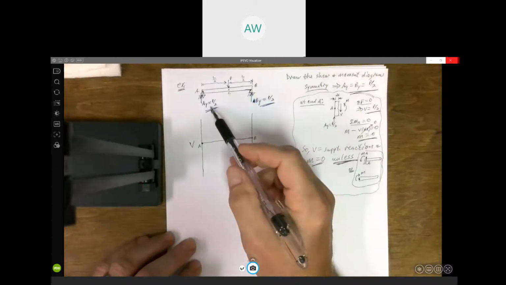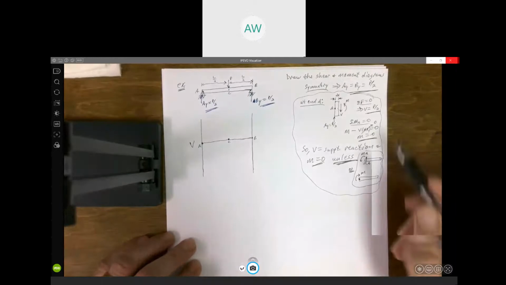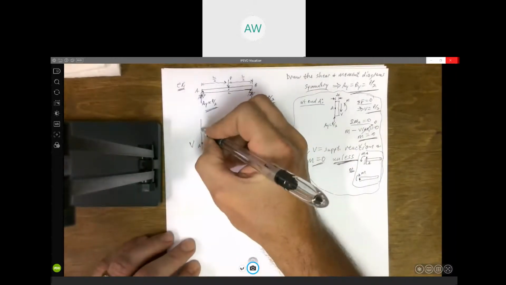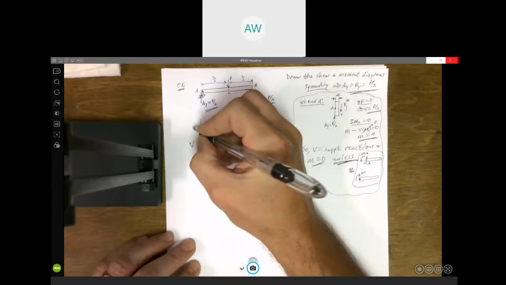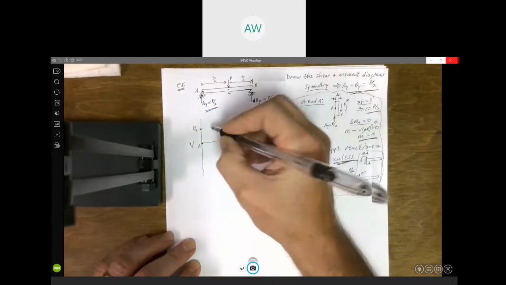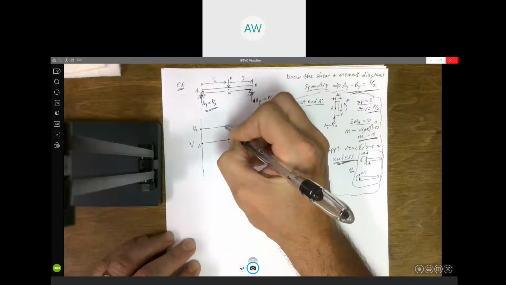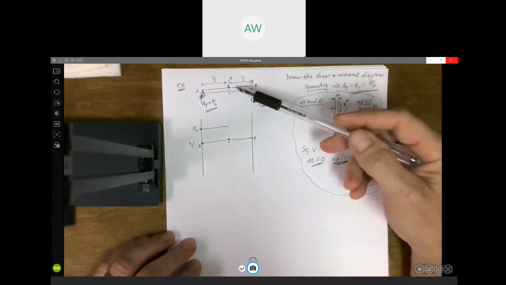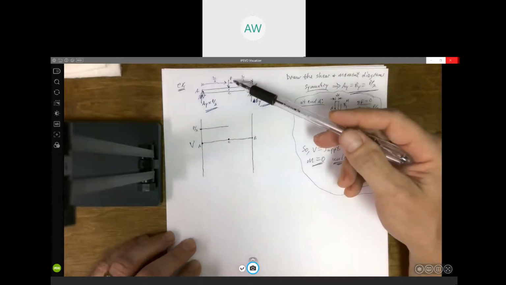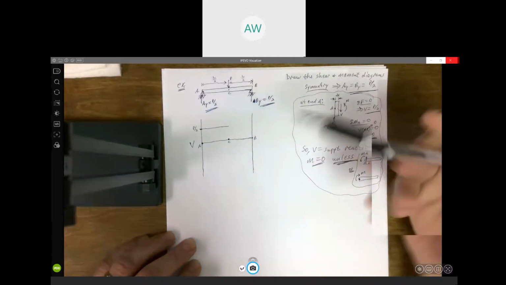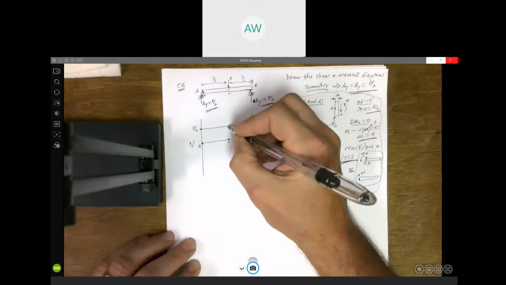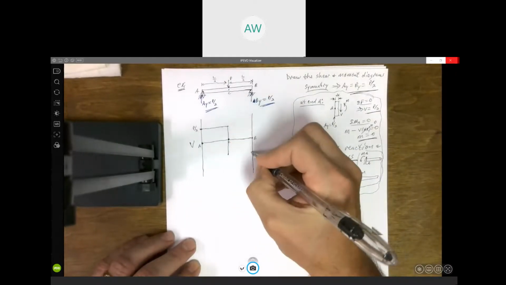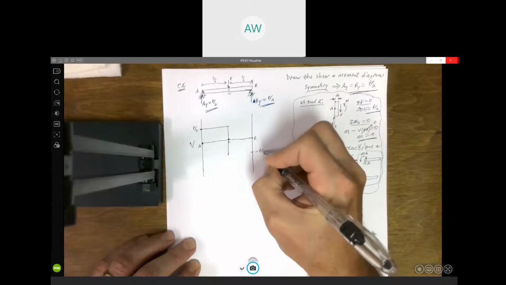We don't have to determine any equations. So here at A, I know the shear force is going to be equal to that support reaction. So it's going to start up here at P over 2. And shear does not change until the loading changes. So here in the middle at C, it's going to go down P. So if we're at P over 2 and we go down P, that's going to put me at minus P over 2.